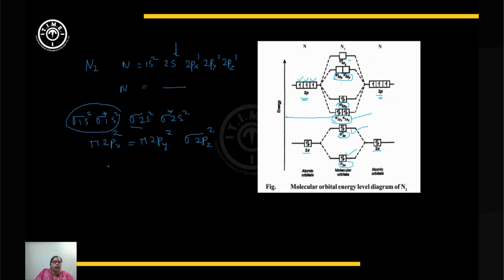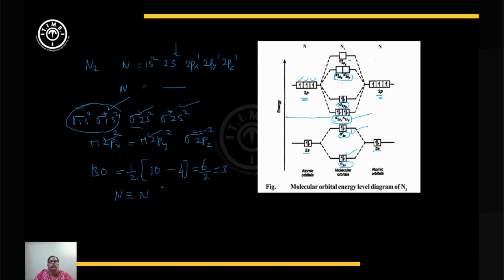If we want to find the bond order, bond order is equal to 1 by 2 times the number of electrons in the bonding molecular orbitals, 1, 2, 3, 4, 5 means 10, minus the number of electrons in the antibonding orbitals, 1, 2, means 4, is equal to 6 by 2, which is equal to 3. So between the two nitrogen atoms, we have a triple covalent bond.